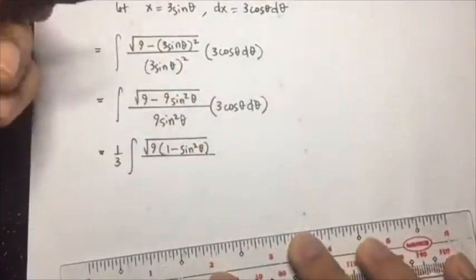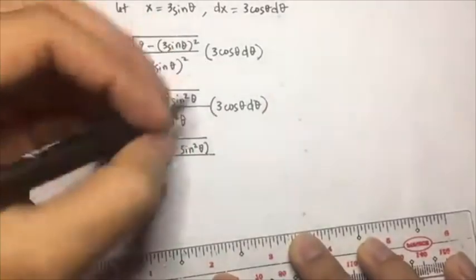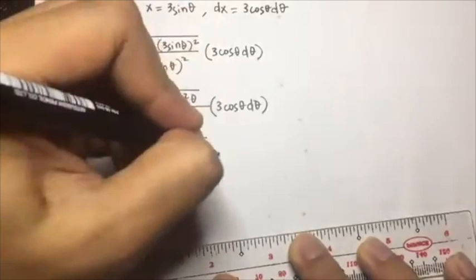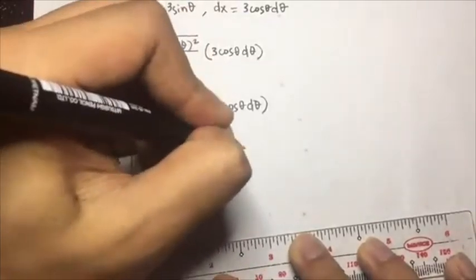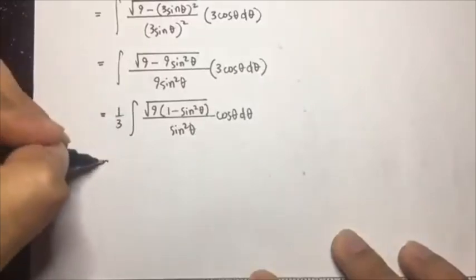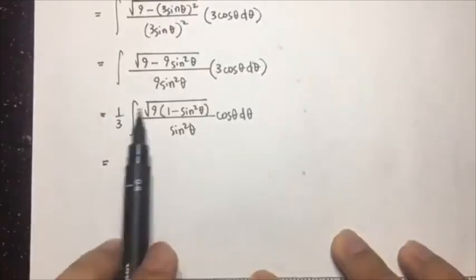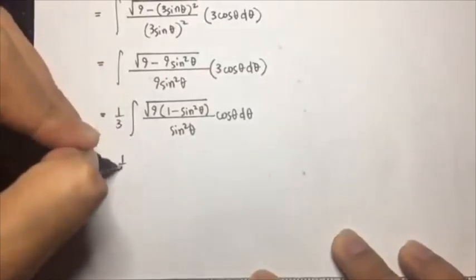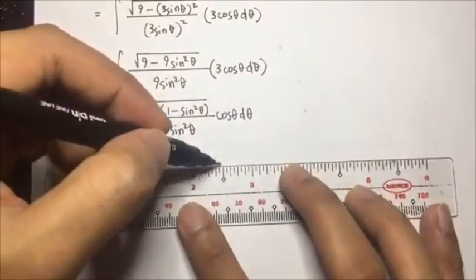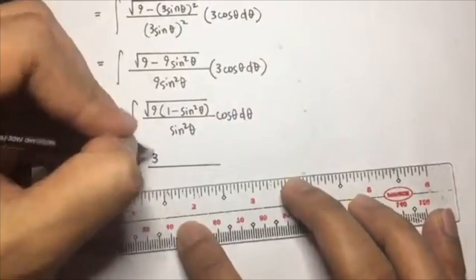Over sine squared theta, and then times cosine theta d theta. Okay, so 9 is a perfect square, so we can take that out of the radical sign. The square root of 9 is 3.